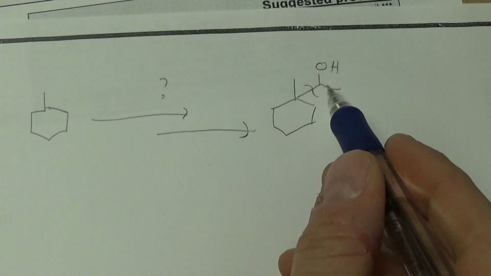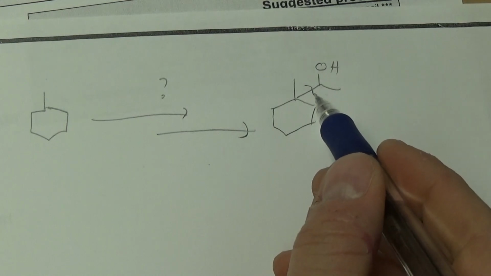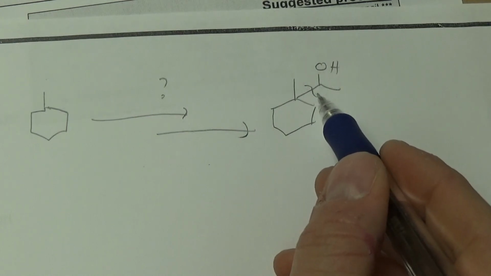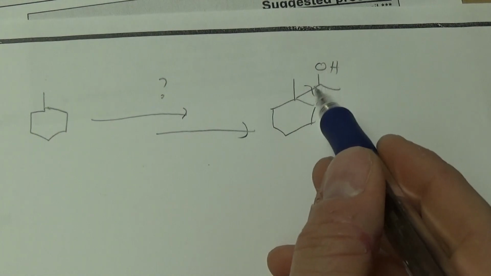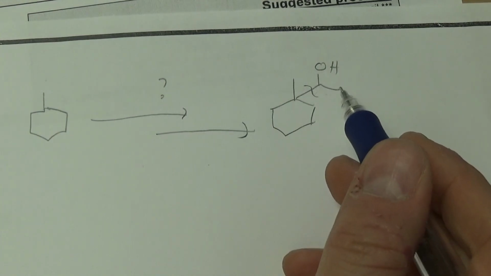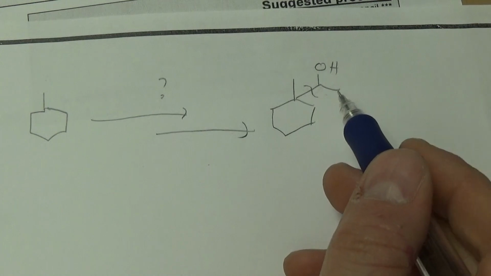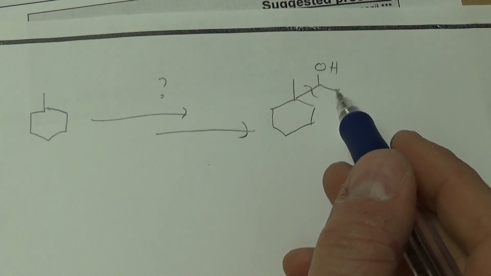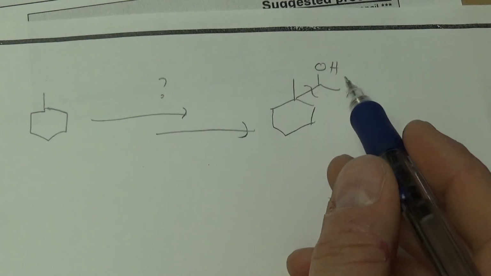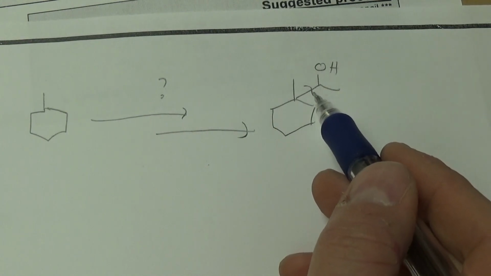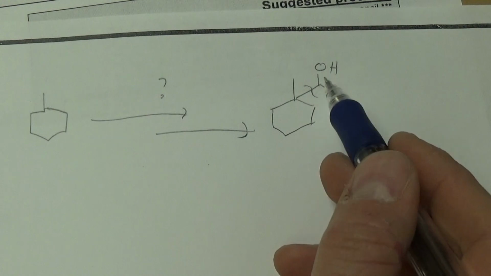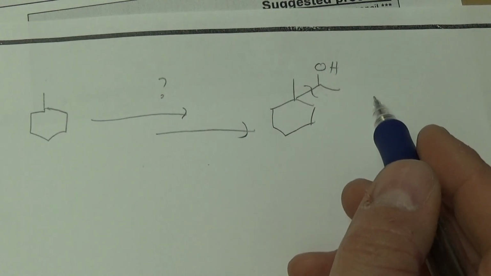Is the oxygen directly adjacent to the squiggly line, or is it on the neighboring carbon? It looks like it's directly adjacent. So does that suggest addition of a formaldehyde, aldehyde, ketone, or epoxide? Well, a secondary alcohol with the squiggly directly adjacent would be an aldehyde.